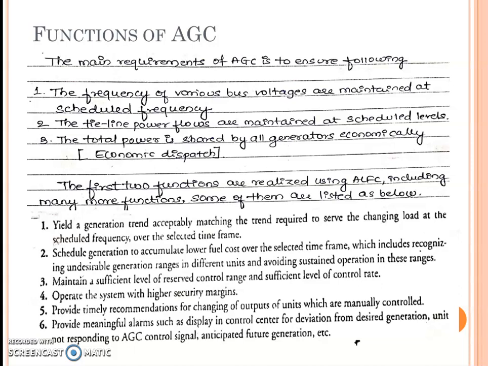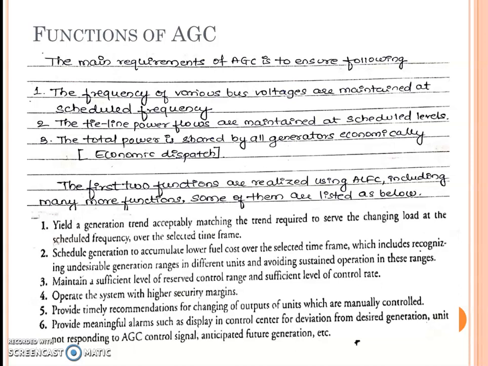Second, the tie line power flows are maintained at scheduled levels. And third, the total power is shared by all the generators economically. This third parameter we can directly call an economic dispatch parameter.